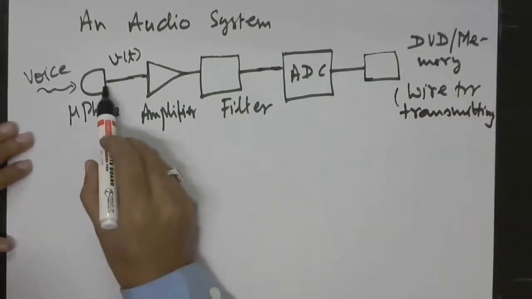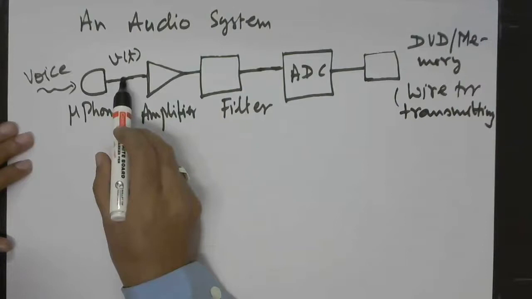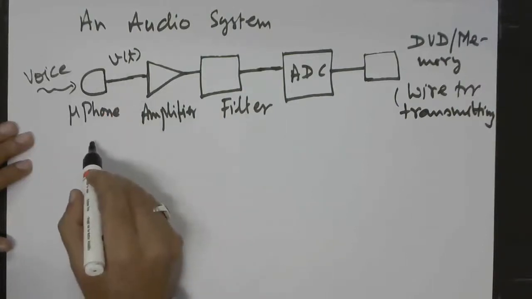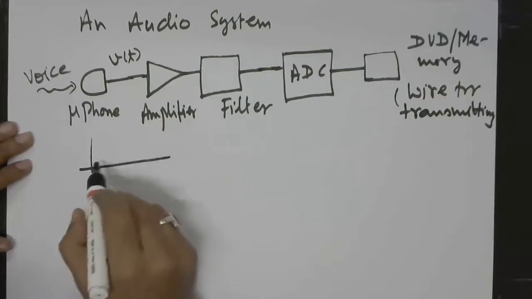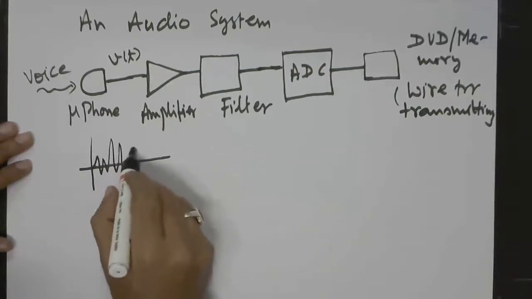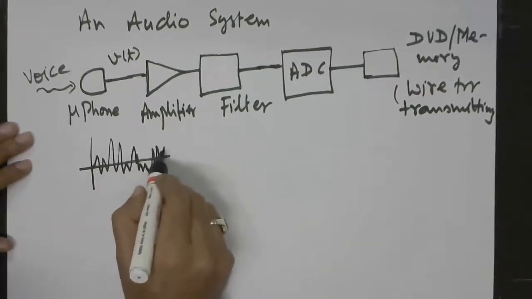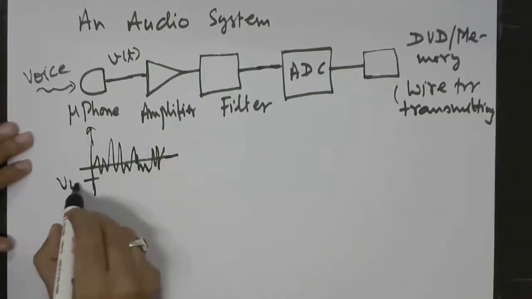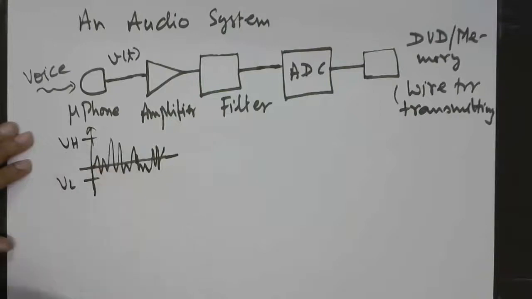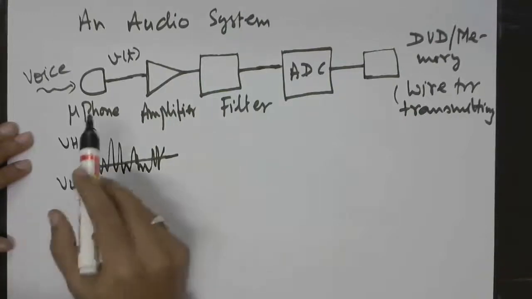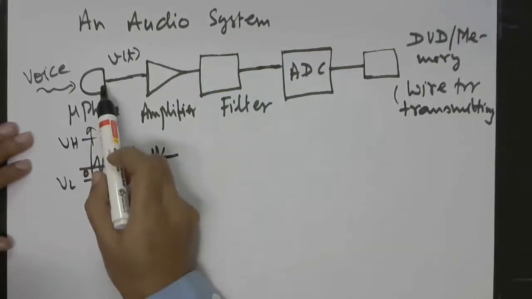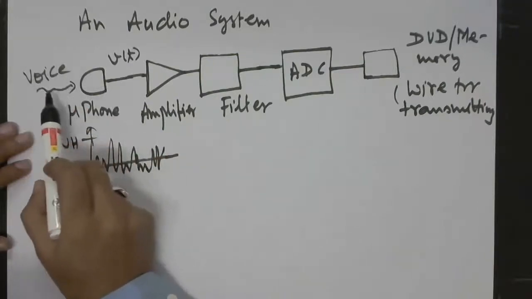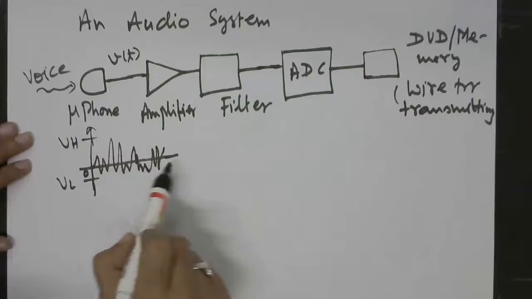So here the voltage that is produced by the microphone after sensing voice is going to be continuous. That means it will vary continuously between two voltages, VL and VH. So a signal that is produced because of real life phenomena, for example sound, is always going to be analog.